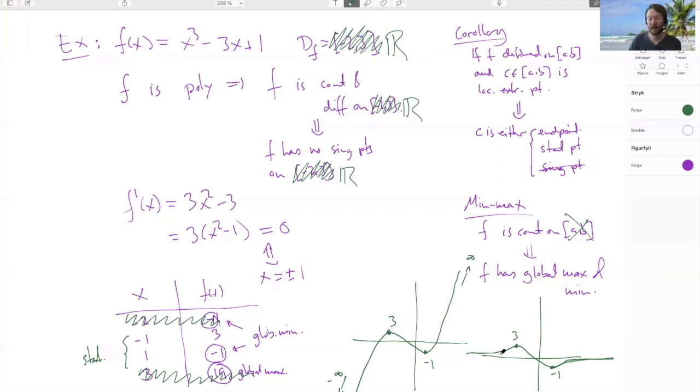Nobody cares. But this function does have an absolute maximum and absolute minimum, even though it's defined on R, and it has the same thing here. So basically, if the Min Max Theorem is out of play because you're not continuous on a closed and bounded interval, you need to take, let's say, asymptotes into consideration. So things become more complicated. So this is a simplifying feature.